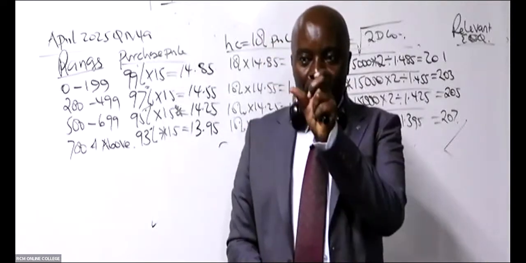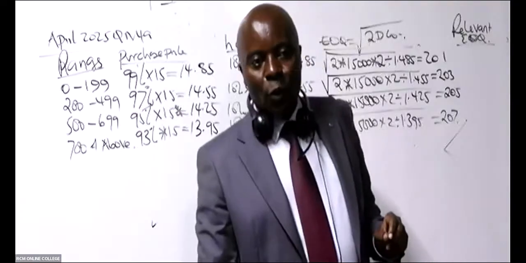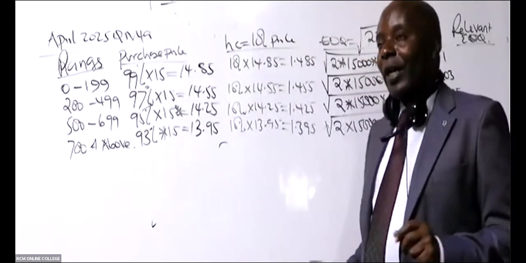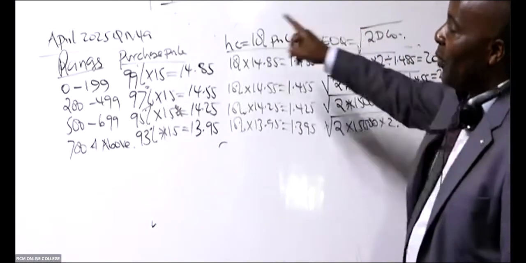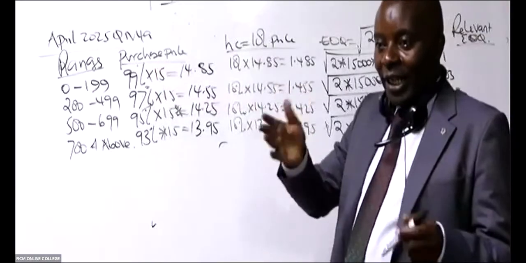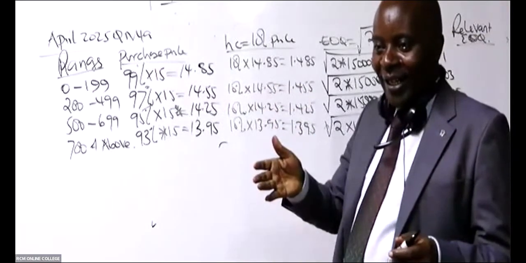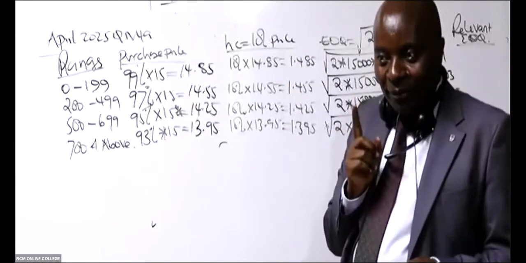So now compare your calculated EOQ values with your classes. We start with the first class. So first class, I'm getting 201. Compared with the range, where is it? It's above, isn't it? And if it's above, what do we do?